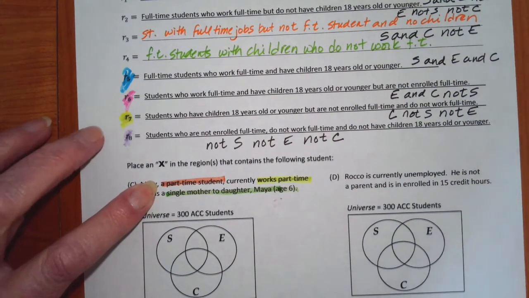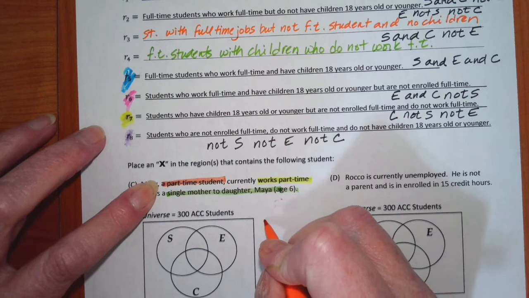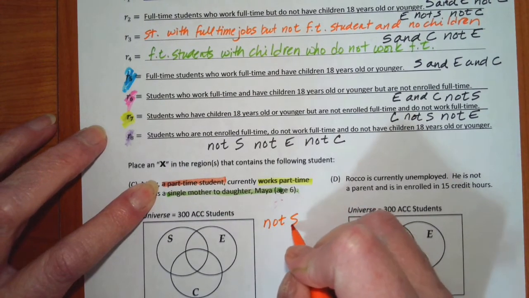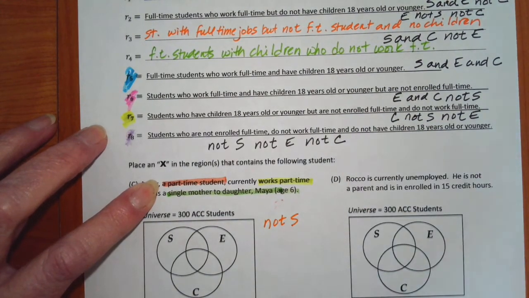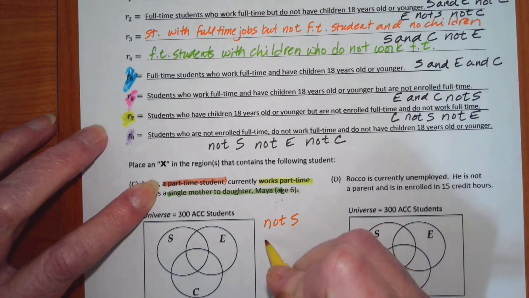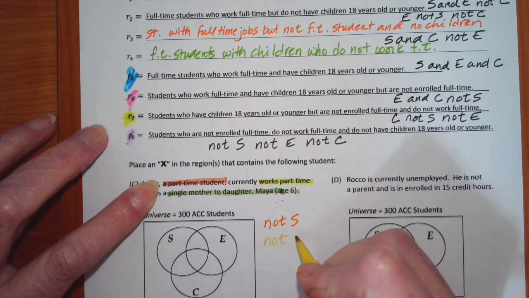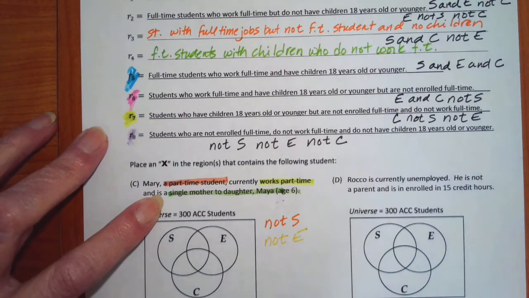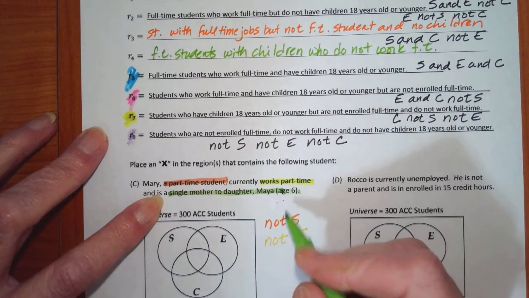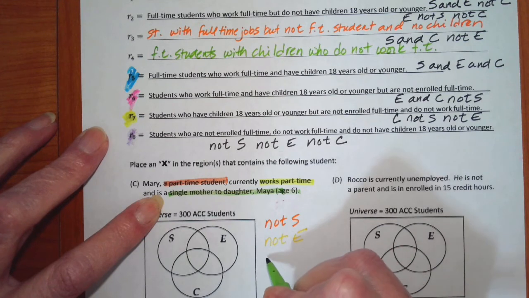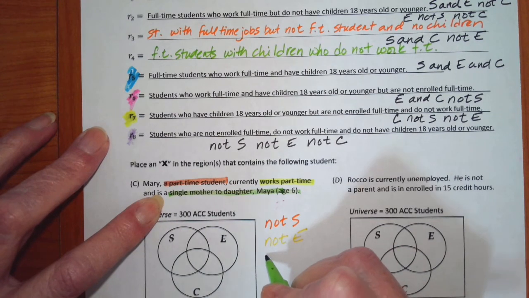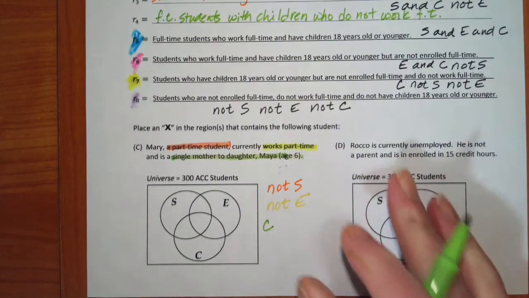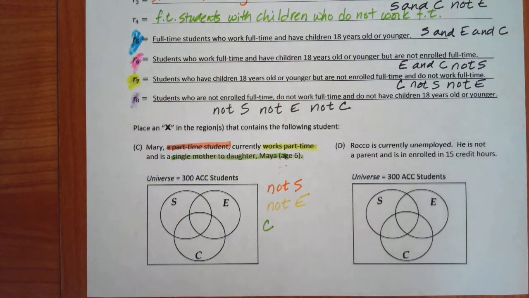A part-time student is going to be not S. She works part-time, she's not working full-time, so that is not E, and is a single mom, so this is C. So we need to find the spot where she is just C and it doesn't overlap anything else.